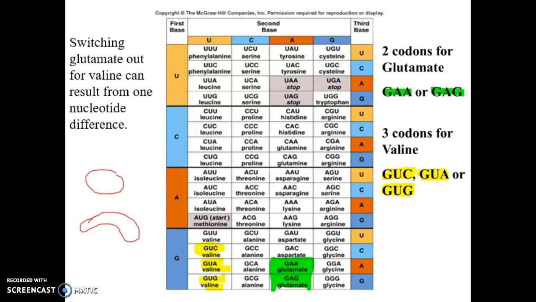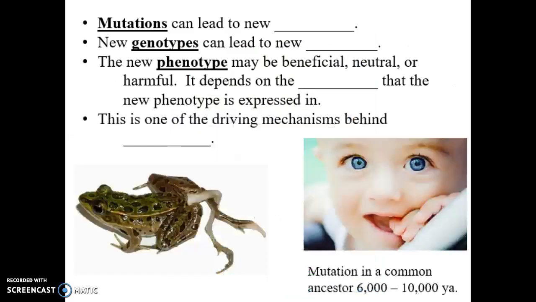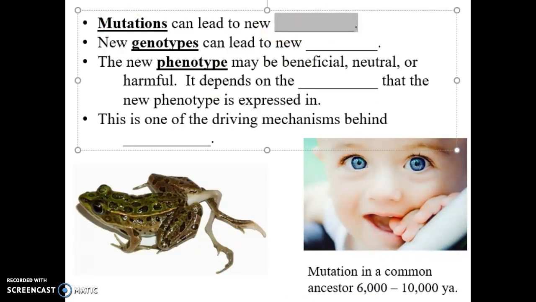All right, so key things to remember here when we're talking about DNA and gene expression, or DNA turning into proteins. Mutations can lead to new genotypes, new pieces of DNA. New genotypes can lead to new phenotypes, new expressions of traits.